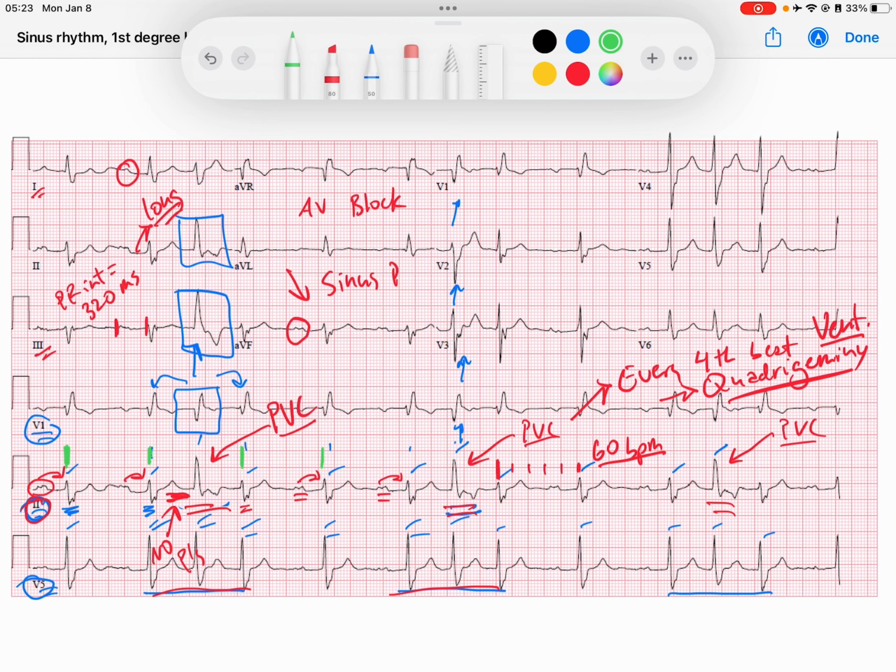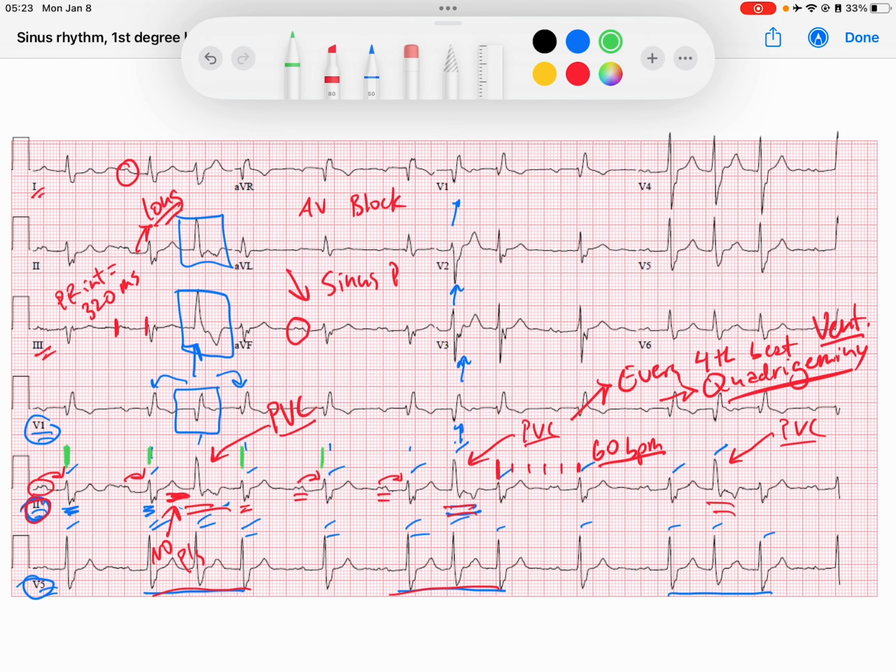If you erased these QRSs from the PVCs, this rhythm would look awfully regular.